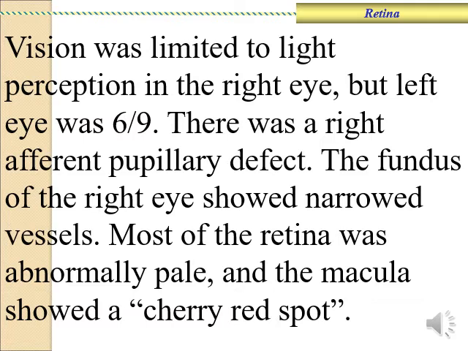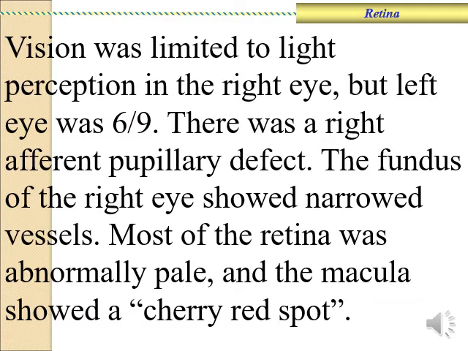What happens to the right pupil when you apply the light to the right eye? What happens to the right pupil when you apply the light to the left eye? Explain the answer.